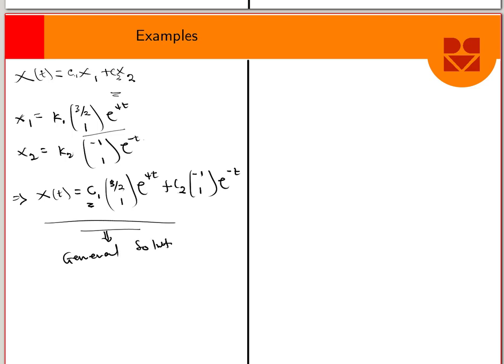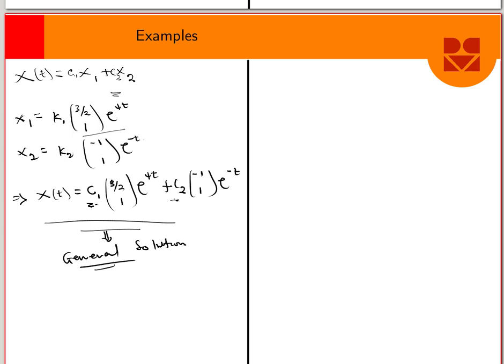It's a general solution because we don't know c1 and c2. But when we are given, let's say, some initial conditions or boundary conditions, then you can find the values of c1 and c2. By so doing, we would have a particular solution for our differential equation.